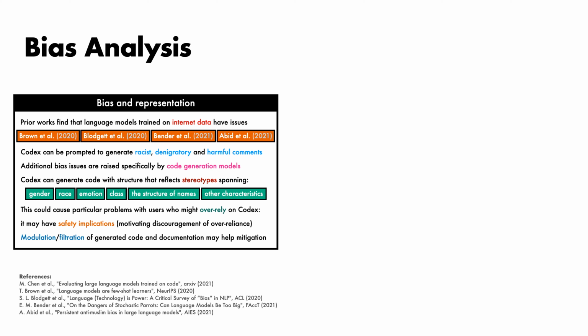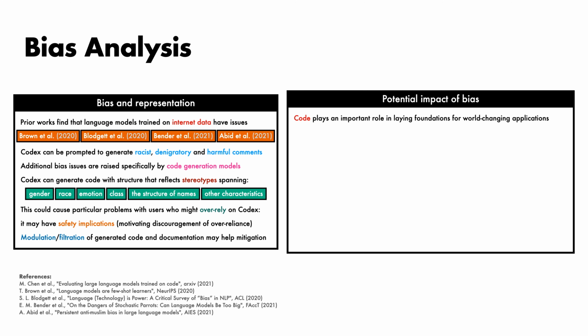When considering the potential impact of bias, the Codex authors note that code plays an important role in laying the foundations of world-changing applications. As such, biased code generation can cause allocative harms, in which a system withholds a certain opportunity or resource, or representational harms, in which a system reinforces subordination of groups along identity lines, and it could do so at scale.